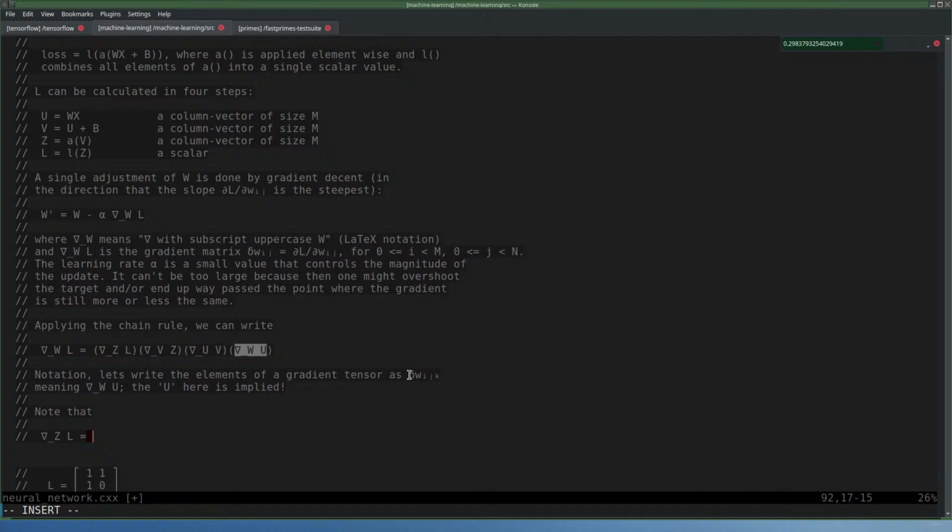So we're going to write that as delta Z_I, with the size of M. Just write it like that.